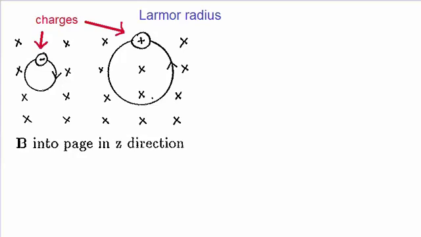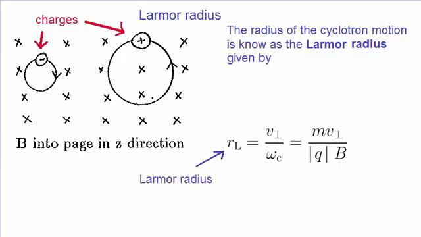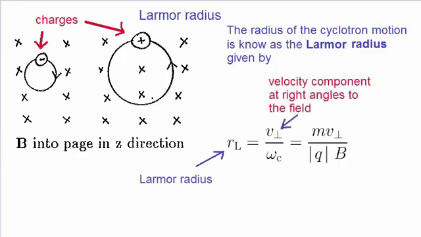The radius of this motion is called the Larmor radius and can be quantified by this equation. You'll recognize the form of this equation from classical circular motion, where RL is the Larmor radius and V perpendicular, or V perp for short, is the velocity component, or if you like, the speed at right angles to the magnetic field.